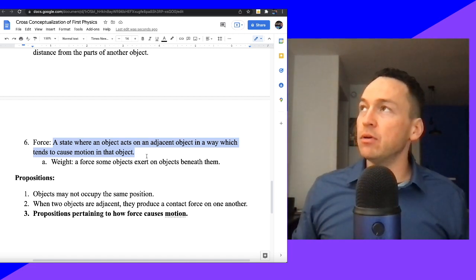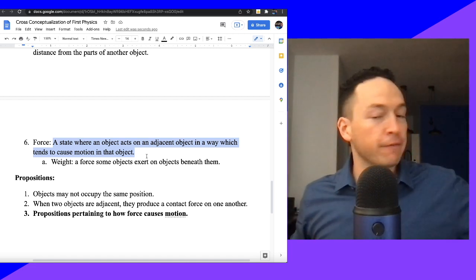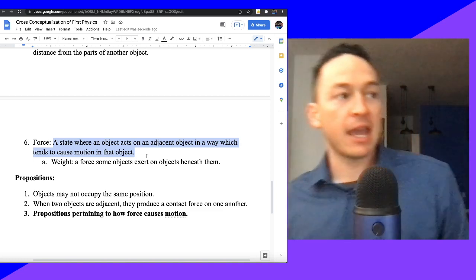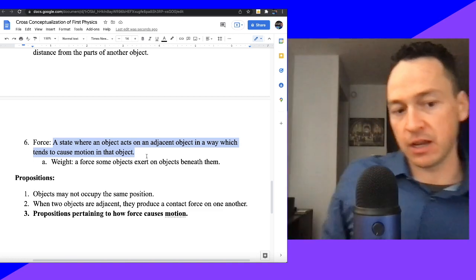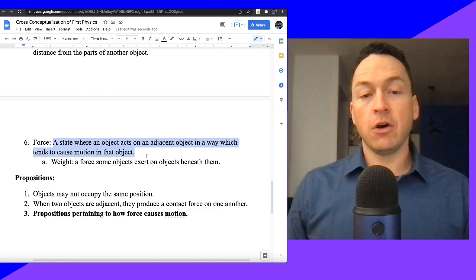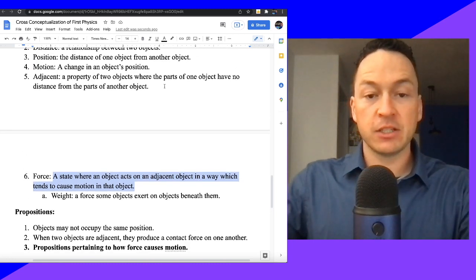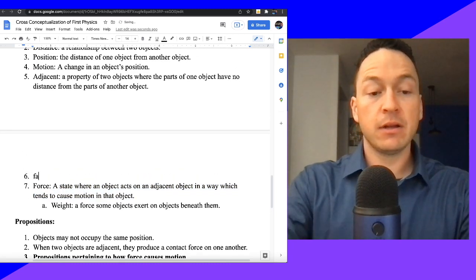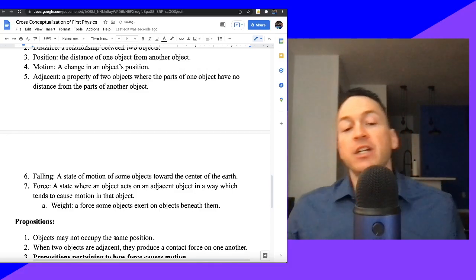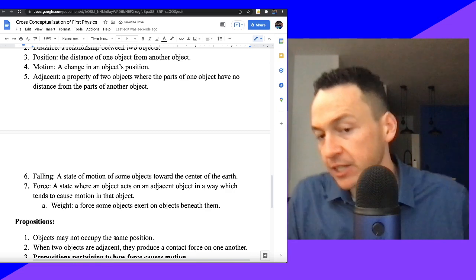I don't think they thought of falling as a kind of force. At least it's not obvious to think of it as a kind of force. But you know what? It is something, so let's talk about falling. Falling: a state of motion of some objects towards the center of the earth.